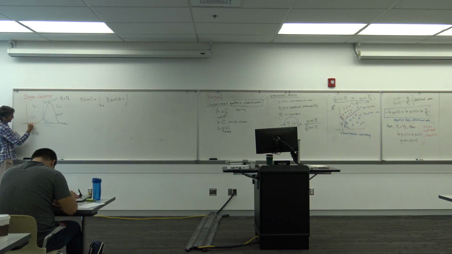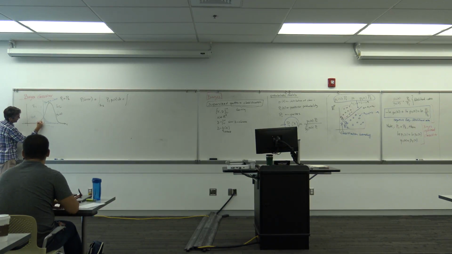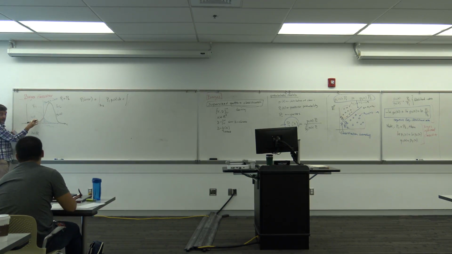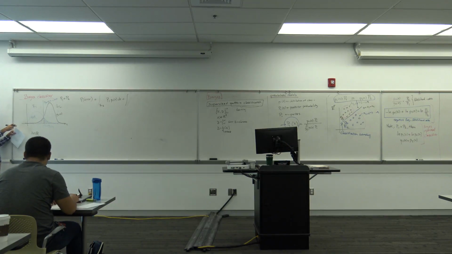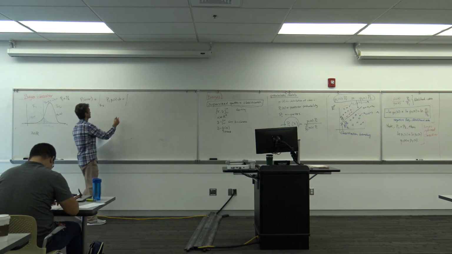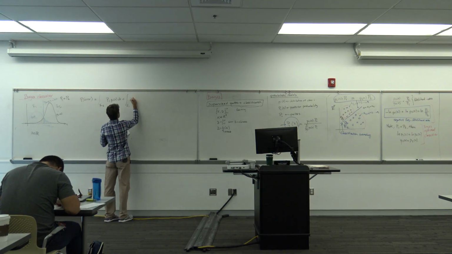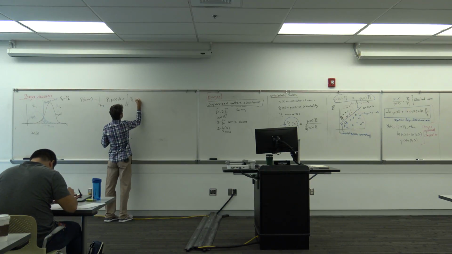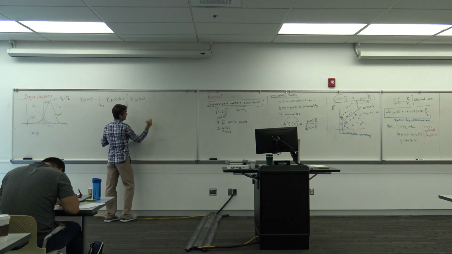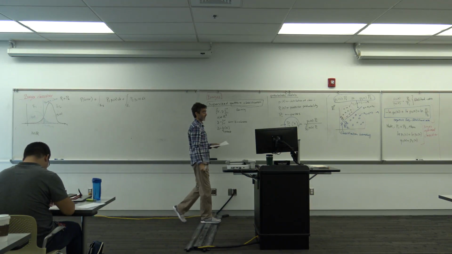Now for R1, all this area defines the probability of error of having an actual observation of class 2 by classifying it as class 1. It's capital P2, p2 of x, differential of x, right? That's that volume.